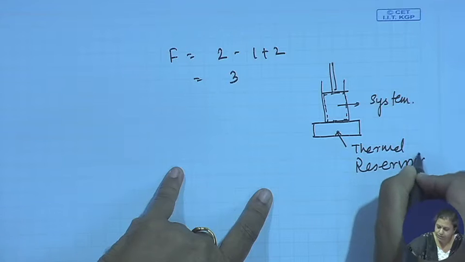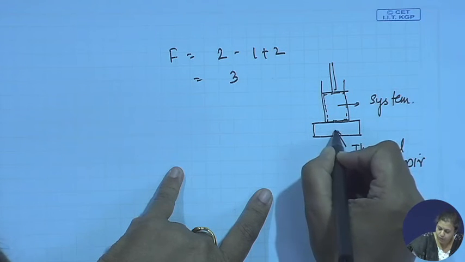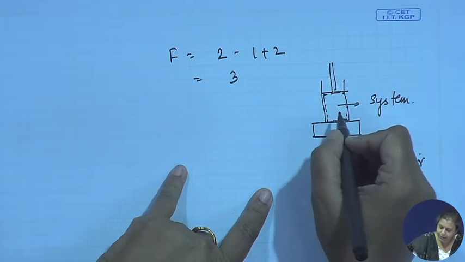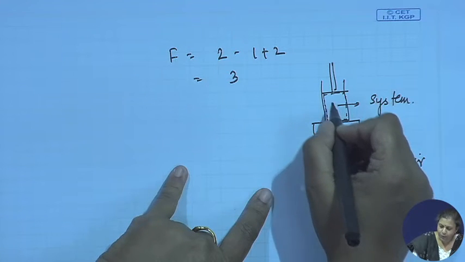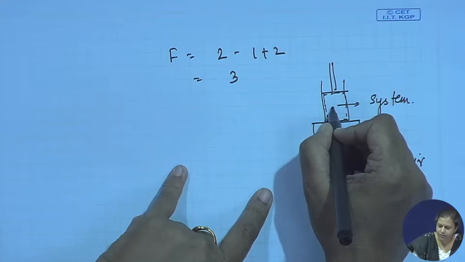Under this condition, some amount of energy flows from this reservoir into the system. Suppose we can maintain the condition such that as the energy flows, we do not allow temperature rise of the system.